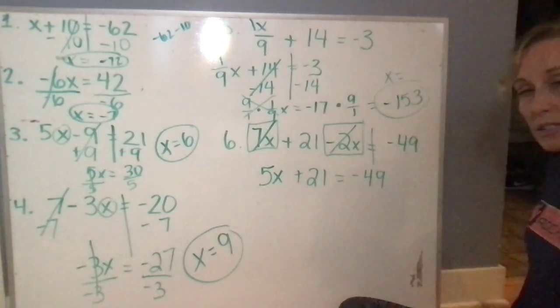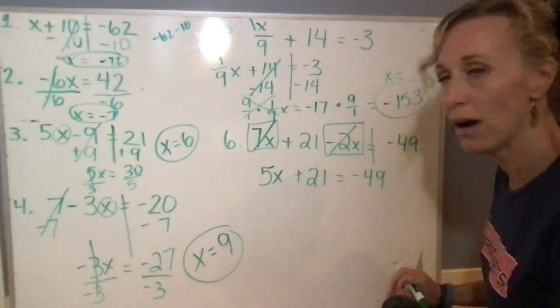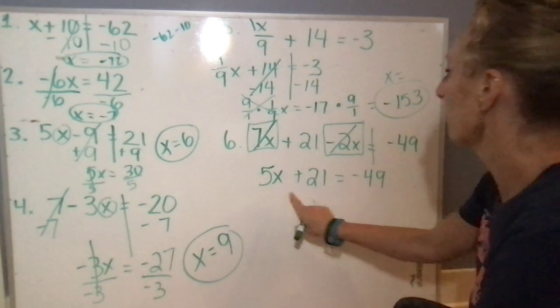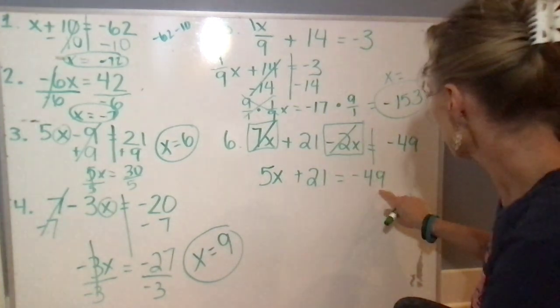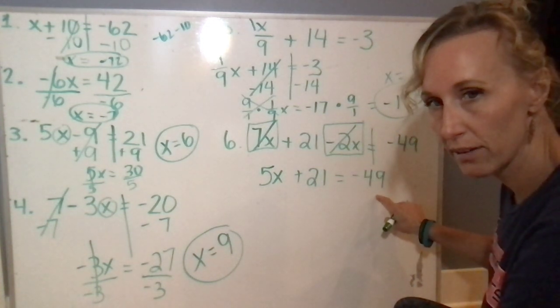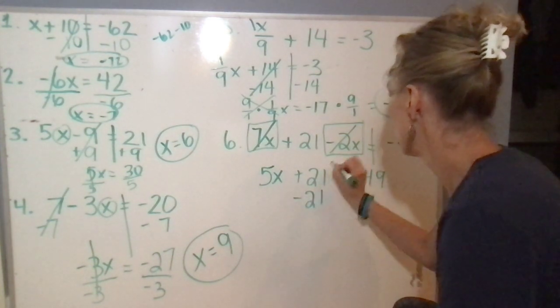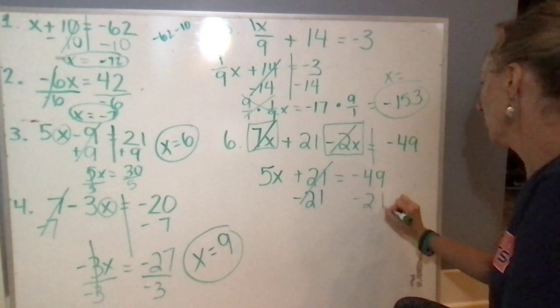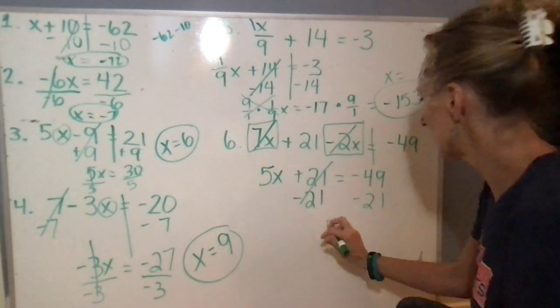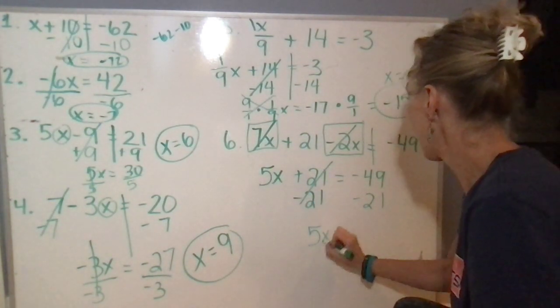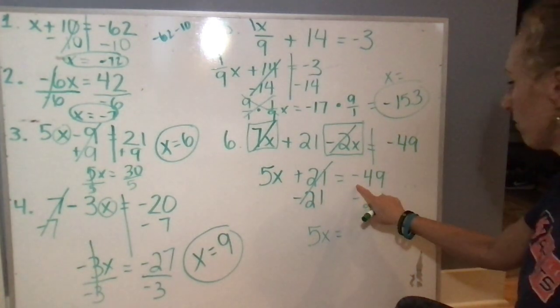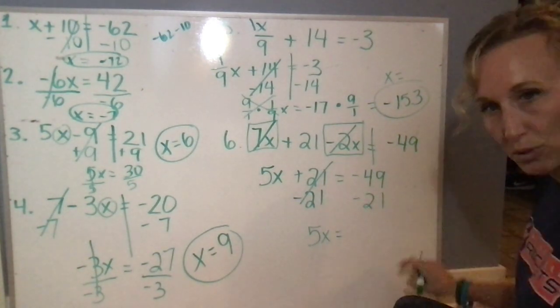Okay, and this looks like what we started with. So now we're going to do what we've been doing. We're going to undo. We're not going to worry about this negative 49. It's already on the other side. But I'm going to undo the plus 21 by subtracting 21. Okay. Now I'm going to bring down 5x. And I'm going to do this in my calculator. Negative 49 minus 21.